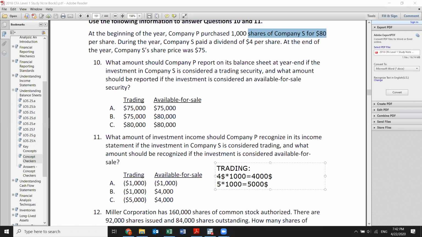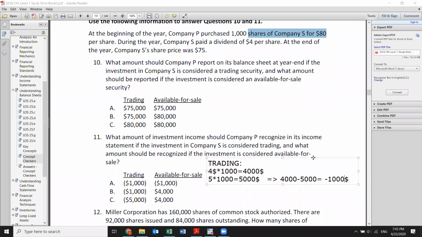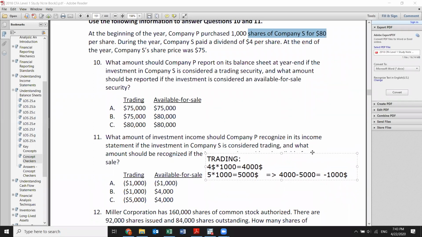So in total we will have 4,000 minus 5,000, minus $1,000 of loss. This is the loss. This is a trading scenario. So we select minus 1,000 in brackets.